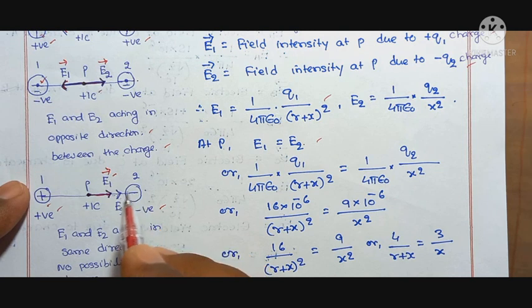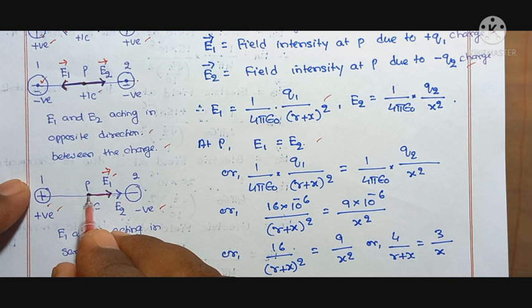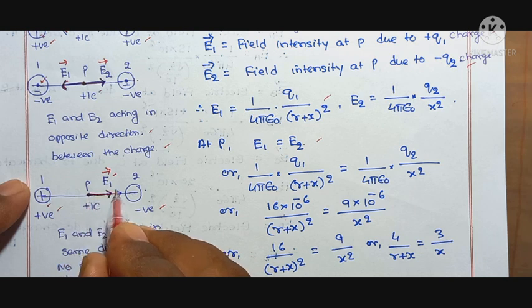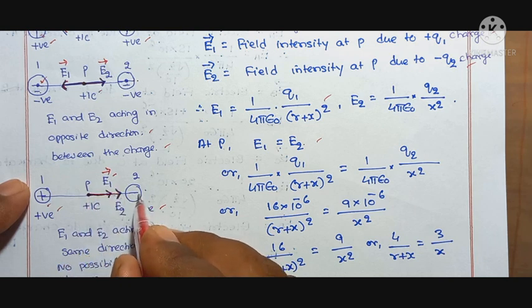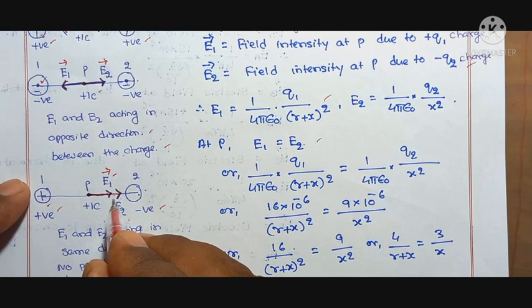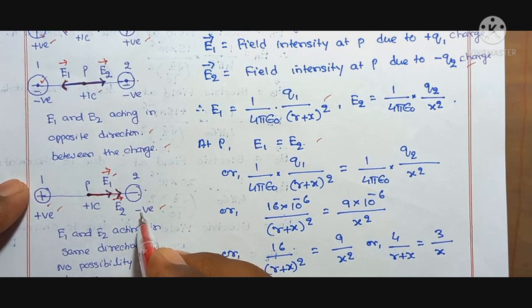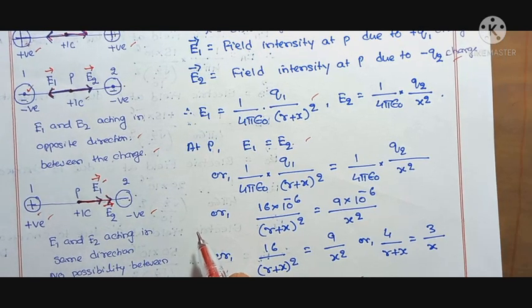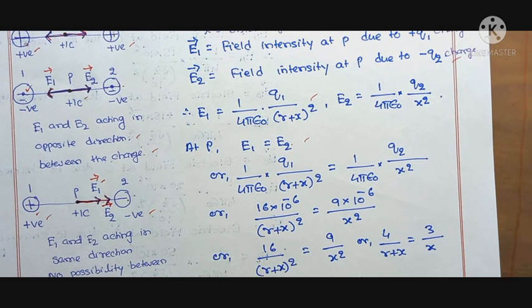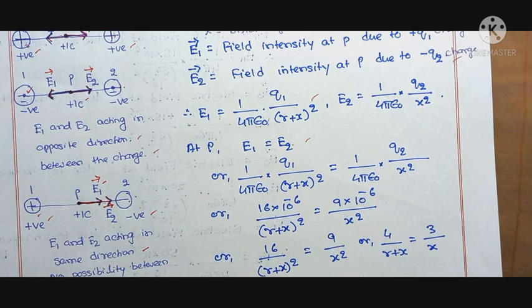This is negative charge, so this +1 coulomb charge will move in this direction due to this negative charge. So electric field intensity is also left to right. That means both E1 and E2 are acting in same direction. So there is no possibility of getting electric field intensity 0 between here.